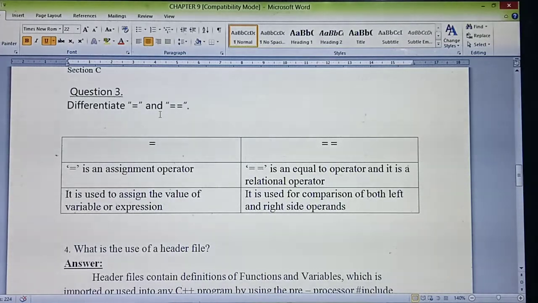There are 2 points. First, equal to is an assignment operator. Double equal to is an equal to operator and is a relational operator. Second point, it is used to assign a value to a variable or expression. Third, it is used for comparison of both left and right side operands.